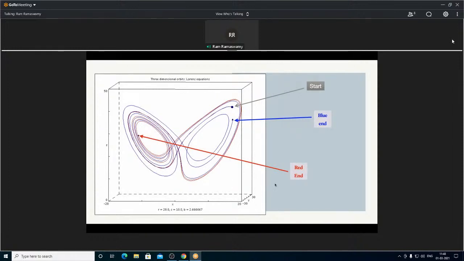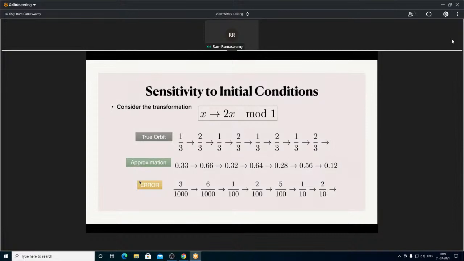After a certain amount of time, call it 10 or something like that, you start over here with blue and you end up over here at the blue end. You start over here with red and you end up over here at the red end. So very, very far apart. And this is something which Lorenz called sensitivity to initial conditions.